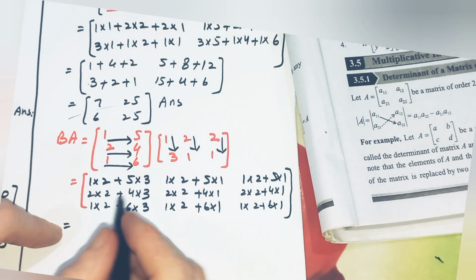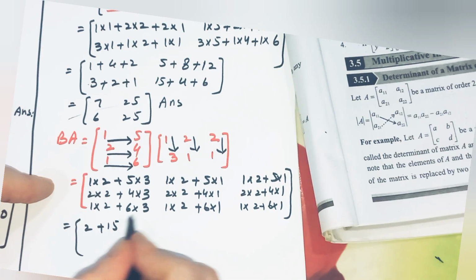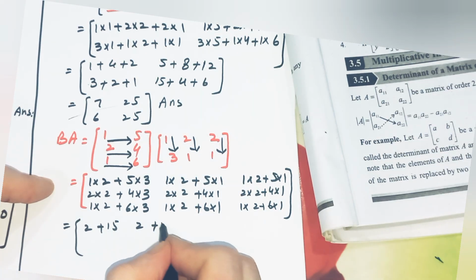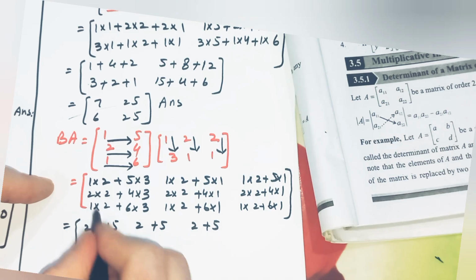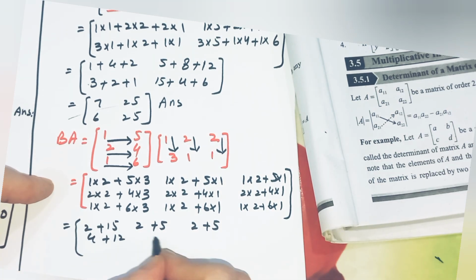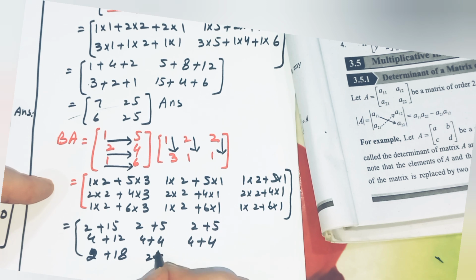This is the multiplication. Now we simplify. 2 into 2, 2, 2 5s are 15, 1 into 2, 5 1s are 5 and 2 1s are 2, 5 1s are 5. 2 2s are 4, 12, 2 2s are 4 and 4, 4, 4. 2 1s are 2, 18, 2 1s are 2, plus.